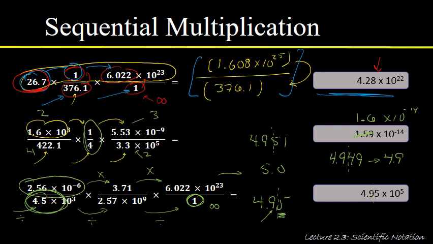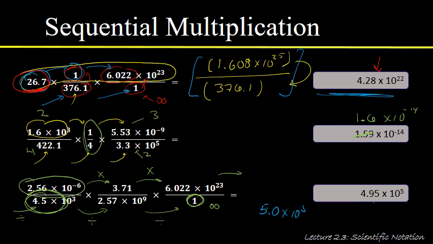That's kind of an obscure rule, and I wouldn't worry too much about it. I would give you credit for this one if you rounded either up or down. I would want to make sure you had 2 significant figures, but technically the correct answer is 5.0 times 10 to the minus 5, but I'd give you credit for 4.9 times 10 to the minus 5 also.